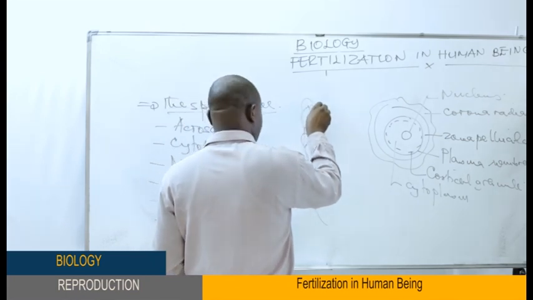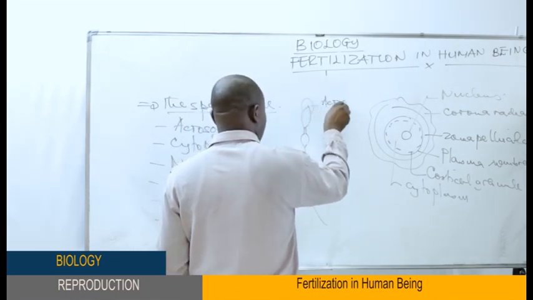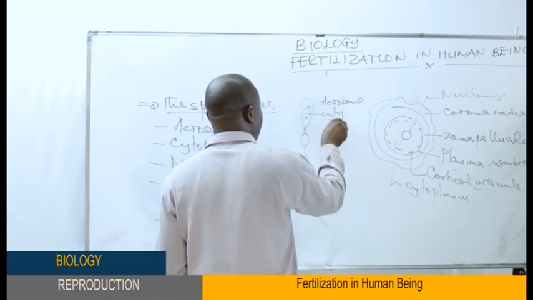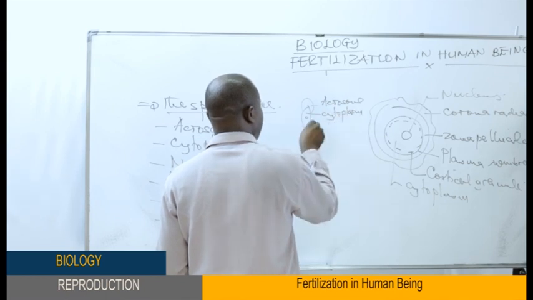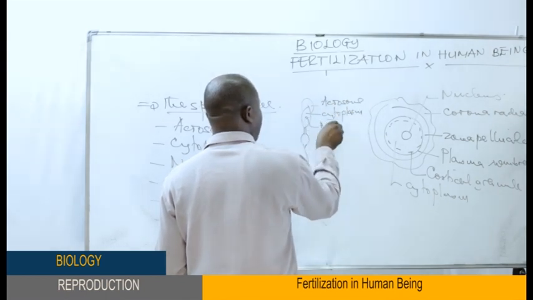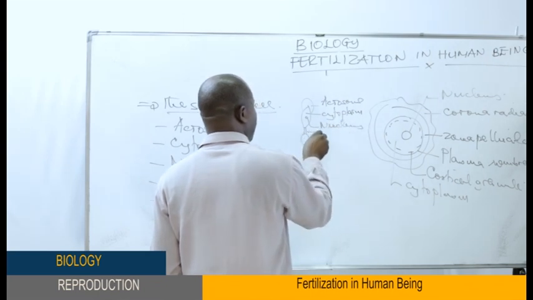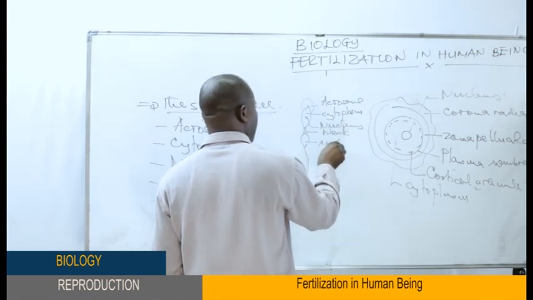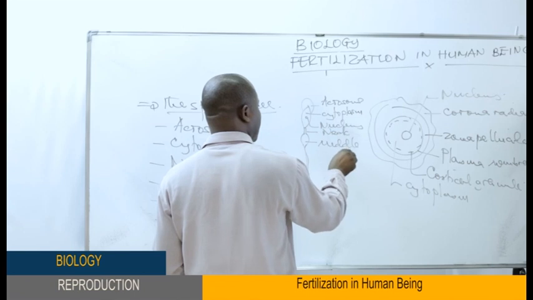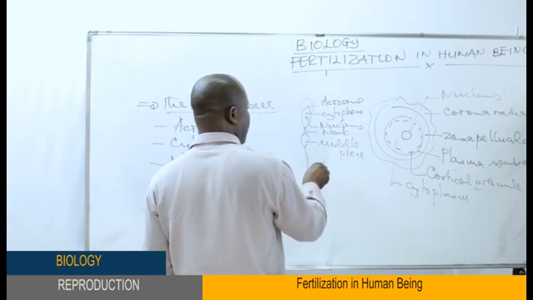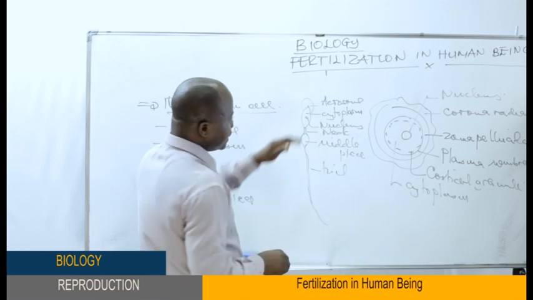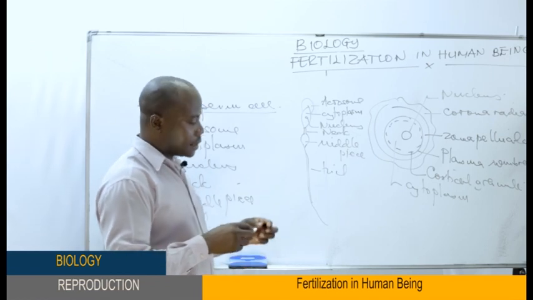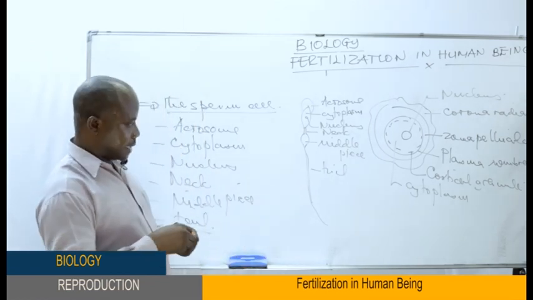This being the acrosome, the cytoplasm, nucleus, the neck, middle piece, and the tail. It is these parts, some of these parts will be involved in the process of fertilization.